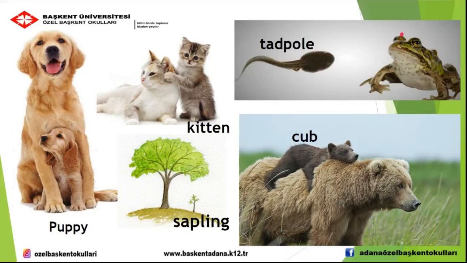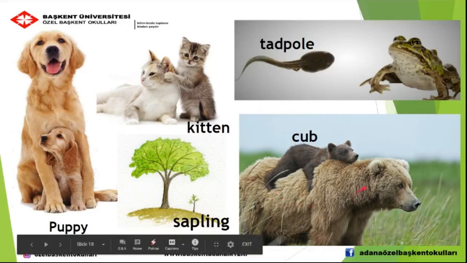This is a full-grown frog. A bear's baby is called a cub. This is a fully grown bear. A tree's baby is called a sapling. This is a fully grown tree.